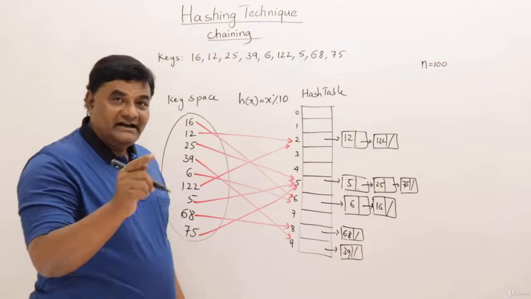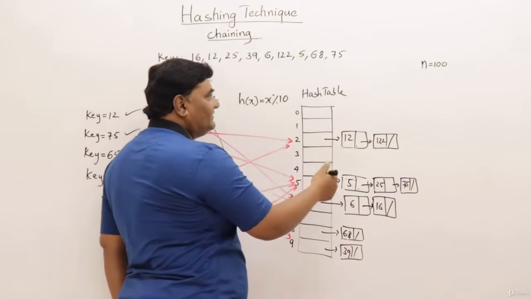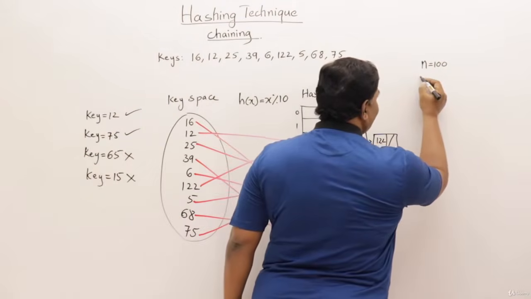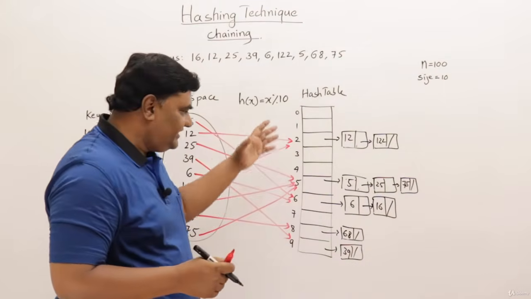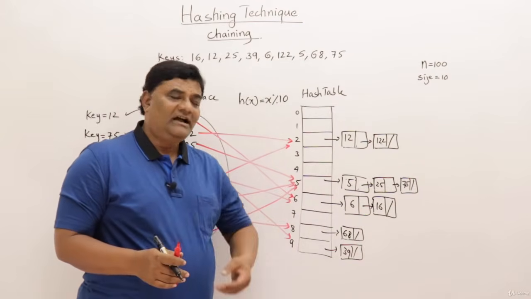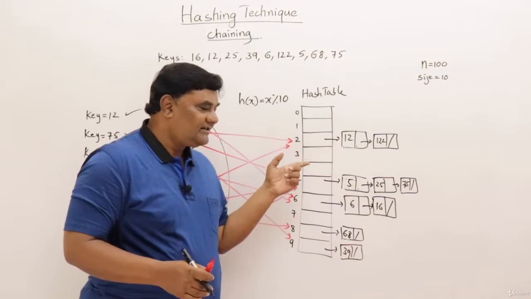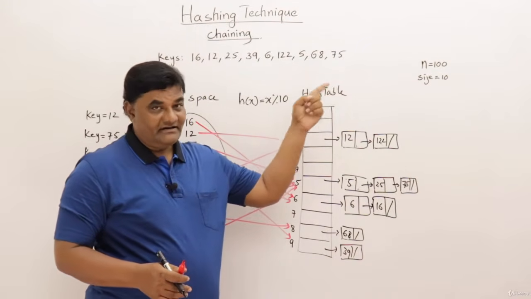And the size of the hash table is 10 because the hash function is x mod 10. So in this chaining, though the size of the table is 10 only, there is no upper limit. You can add as many keys as you want because they are getting inserted in chains. So I am taking the number of keys as 100.